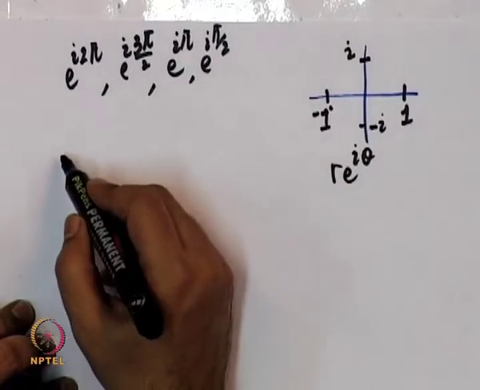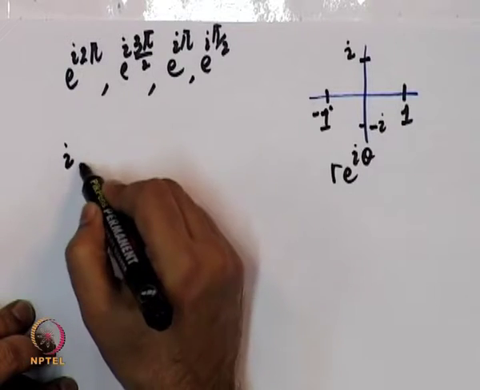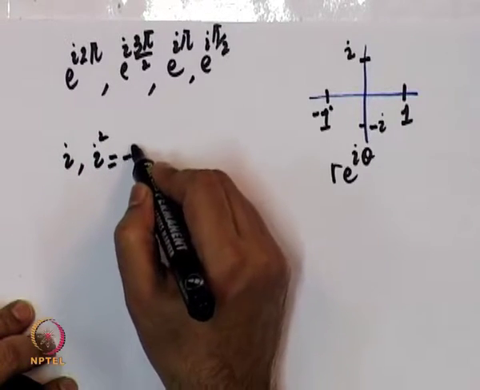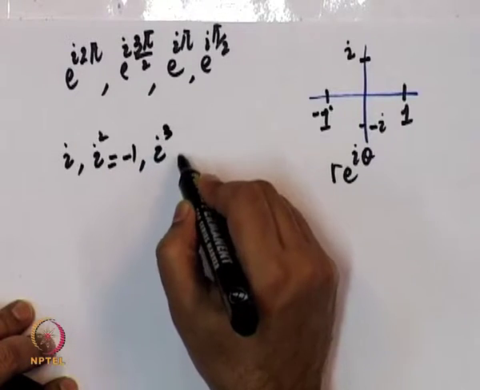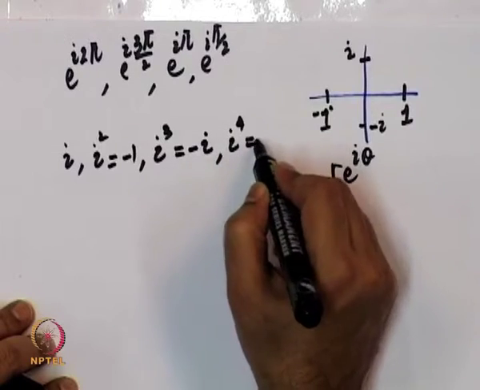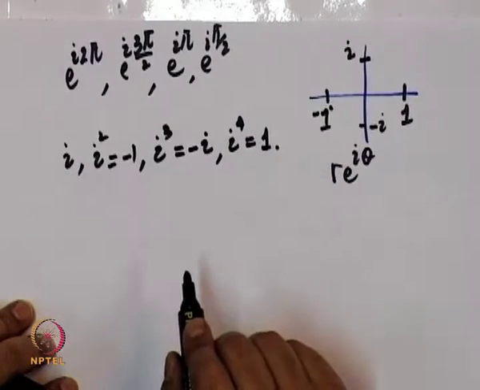You can think of this as i squared, which is equal to minus 1, i cubed, which is equal to minus i, i power 4, which is equal to 1. Okay.